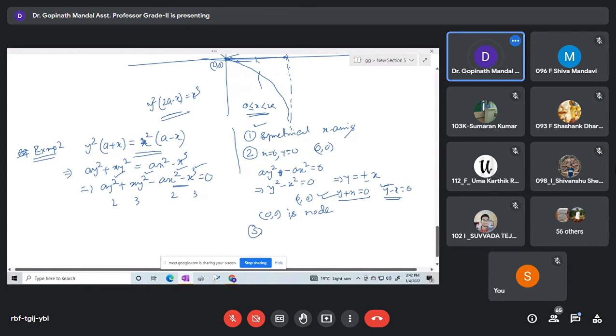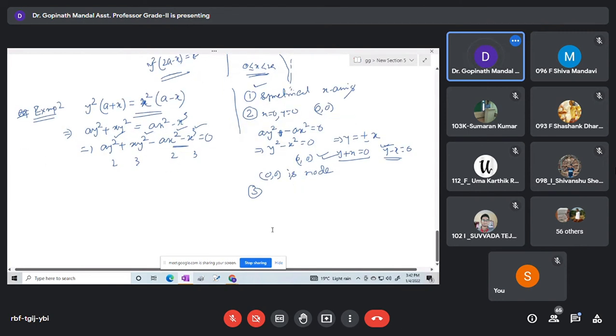Third one, asymptote. The highest power of x here is 3, so the coefficient of x cube is equal to 1. So there is no asymptote parallel to the x-axis.